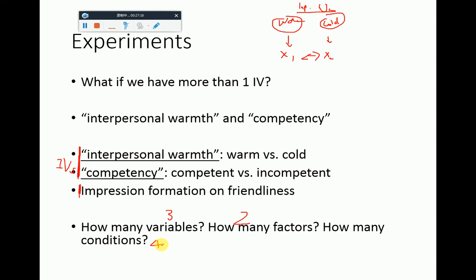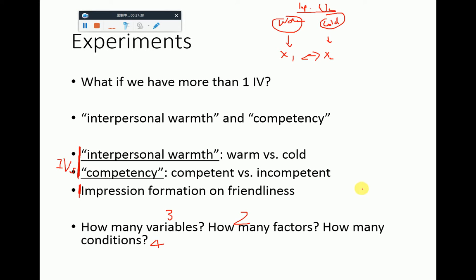That is, if we want to stratify the population according to their gender and according to their party affiliation, how many strata should we create? The reasoning is the same, right? So here we should have four conditions, but not warm, cold, competent, incompetent.